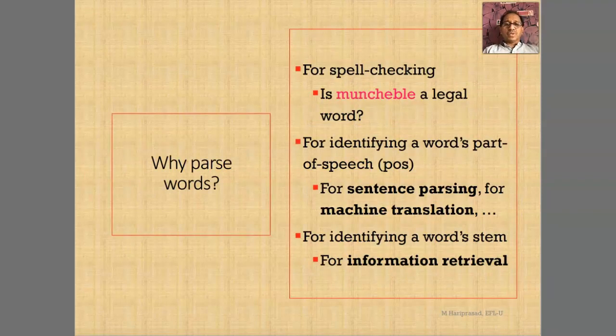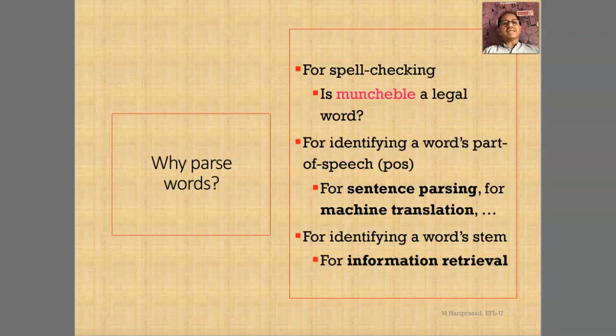Why do we need to parse words? We need to parse words to develop spell checkers. When we are typing words, we make mistakes. And if there is a spell checker, it's easy for us to understand where we went wrong while typing.